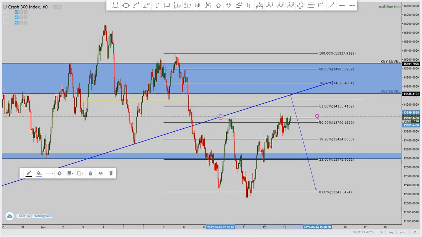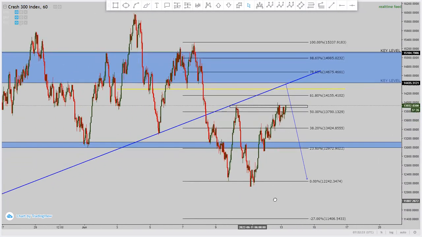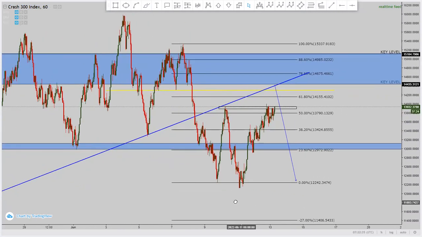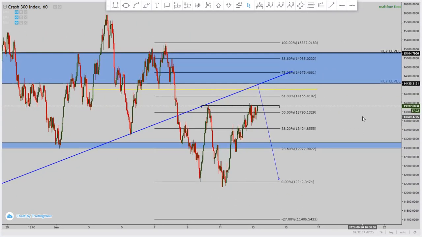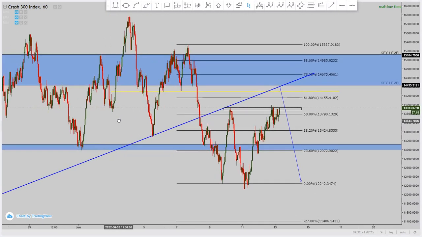Once they are broken and price comes below them, you can also consider adding sales. So Crash 300, that is most probably what we are seeing right now.